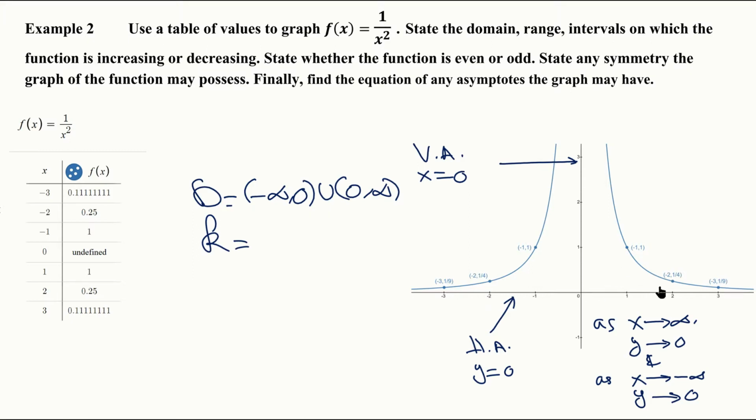We don't get 0 or anything negative for outputs. So the outputs are all positive. So parentheses 0 to infinity. Make sure you don't use a bracket, because this function's y values never actually become 0.